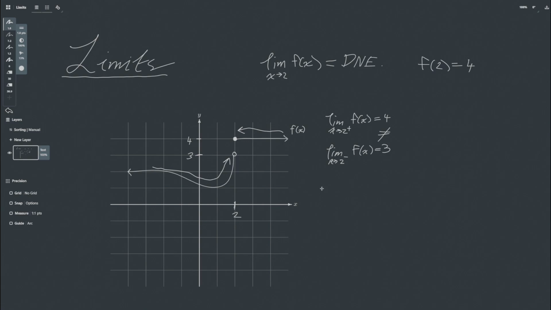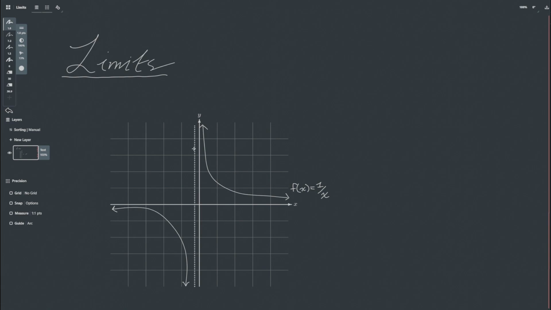And if you wanted to, you can write this as the limit as x approaches a of f of x exists if and only if the limit as x approaches a from the left of f of x is equal to the limit as x approaches a from the right of f of x.